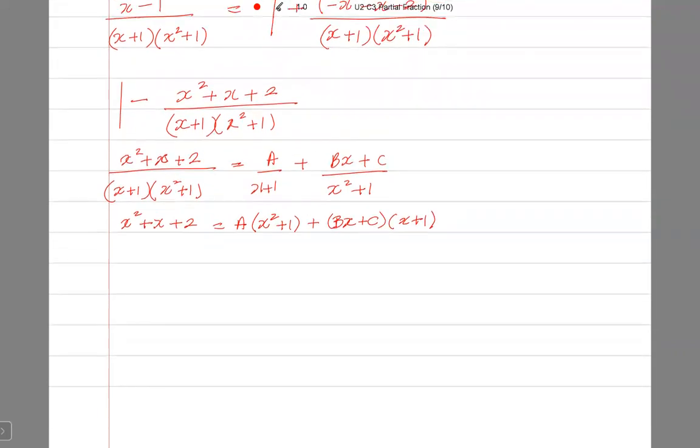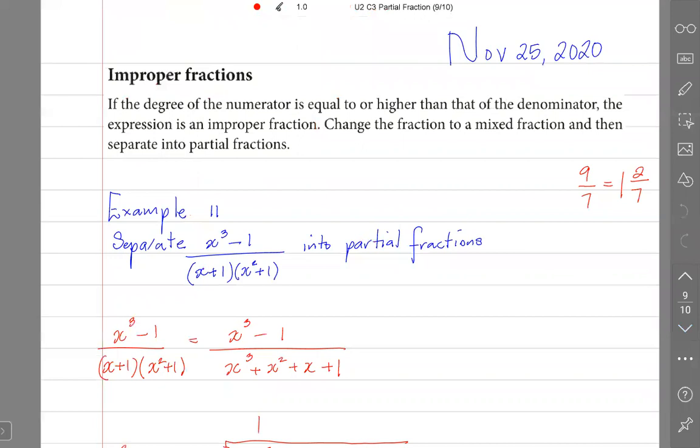I might say when x is equal to minus 1. I think I was hoping to finish on this page. All right, let's see what we can do.